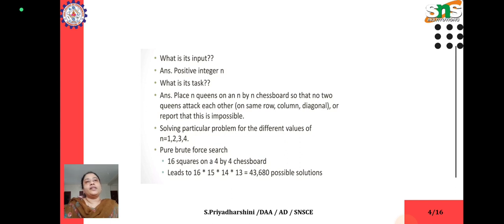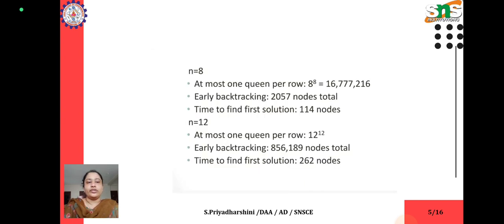Placing N queens on an n by n chessboard with the bounding function is trivially a brute force approach. So when n is equal to 4, we have to take a 4 cross 4 chessboard, that is 16 squares. If it is 16 squares, it leads to 43,680 possible solutions.